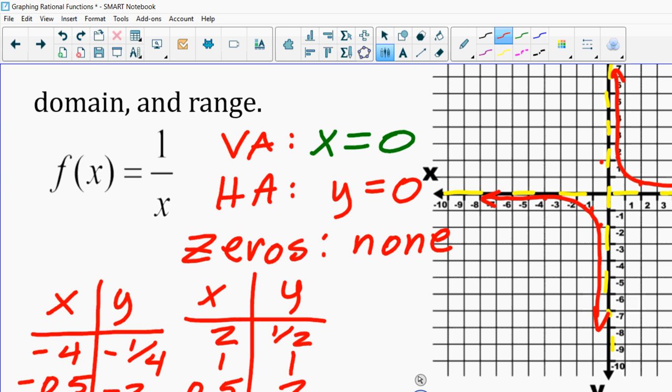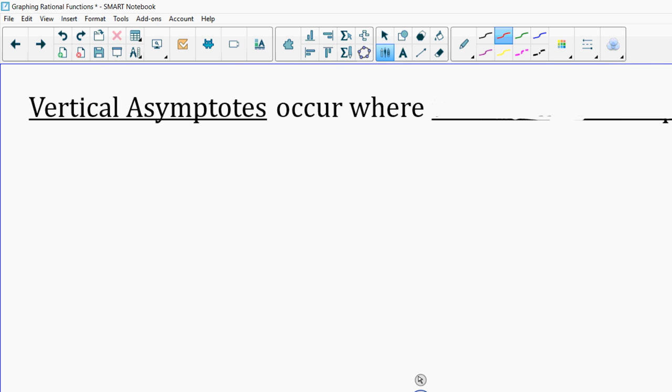Where's x? In the denominator. You have a vertical asymptote where the denominator is 0. Where the denominator is 0.